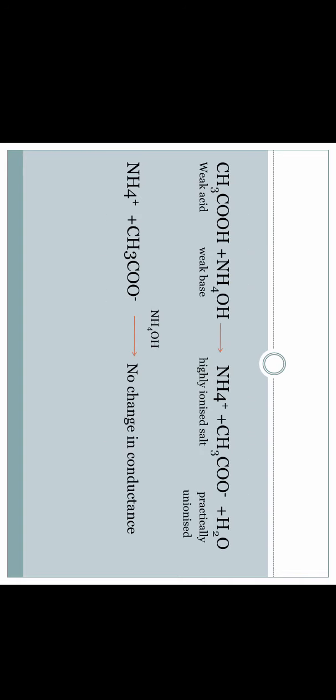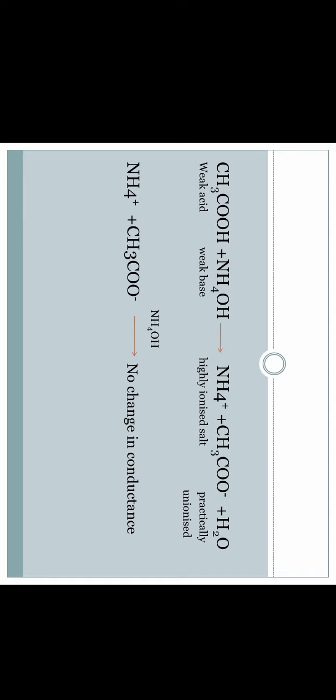Now the fourth and last type, titration of the weak acid against weak base. Weak acid means acetic acid and weak base means ammonium hydroxide. Okay. Now the reaction is like this: CH3COOH along with the weak base NH4OH will form the highly ionized salt NH4 plus CH3COO minus along with the practically unionized water.